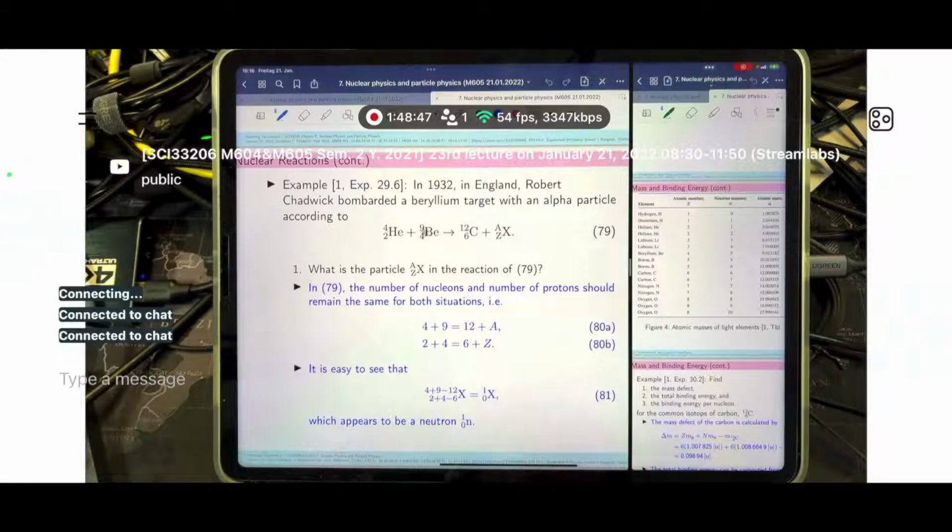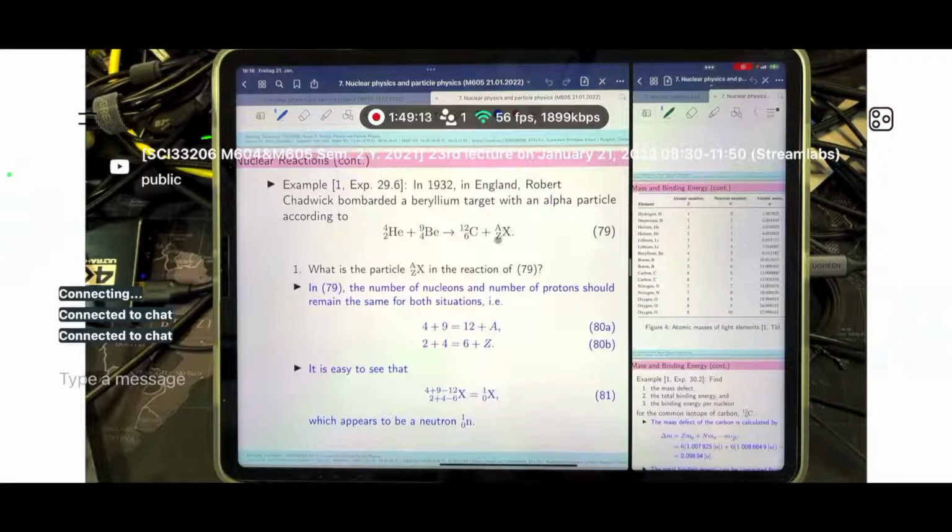Beryllium-9 is a bigger isotope than beryllium-8, and what Robert Chadwick did was accelerate the alpha particle to hit the beryllium-9, and the outcome of the process is the typical carbon we find in nature, which is carbon-12.